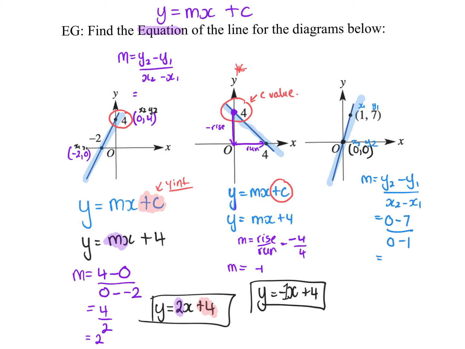So I get -7 on -1, so that's 7. So that's what m is. I can read off that the y-intercept is 0. So this one's equation would be y equals 7x plus 0, but we don't really need the 0. So we can just rub that out, and this one's actually y equals 7x.